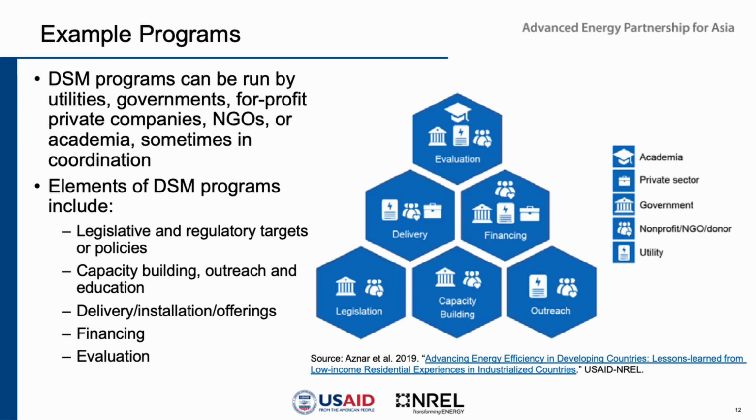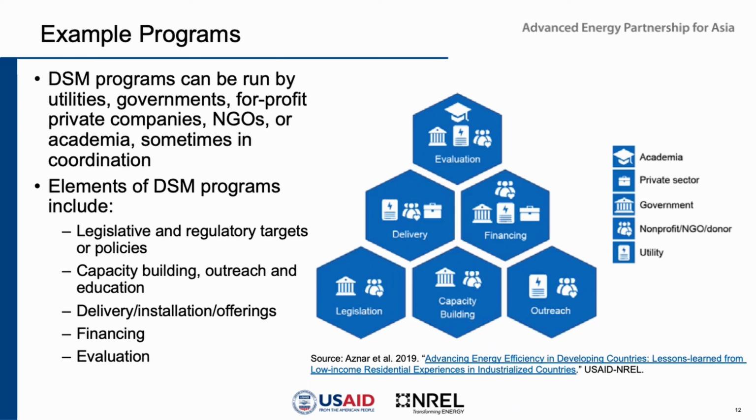These often involve things like green labeling programs so that consumers know what the full life cycle costs of a purchase might entail rather than just the initial purchase cost. Delivery of demand-side management features, and utilities are often at the heart of doing that, but others can assist as well.